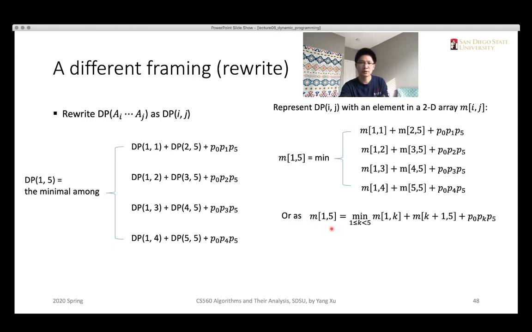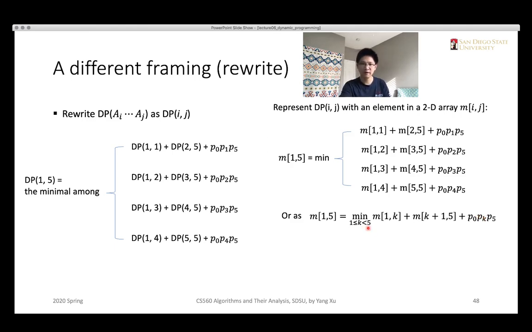Okay. So the final solution m15 equals the minimum, choosing the k such that the combination is minimized, right? It is m of 1 to k plus m of k plus 1 to 5, and the additional costs, right? k ranges from 1 and must be smaller than 5. Okay?